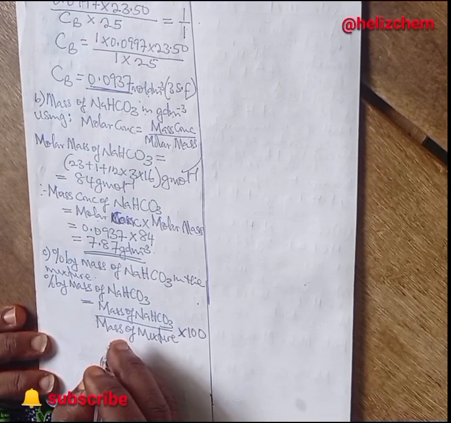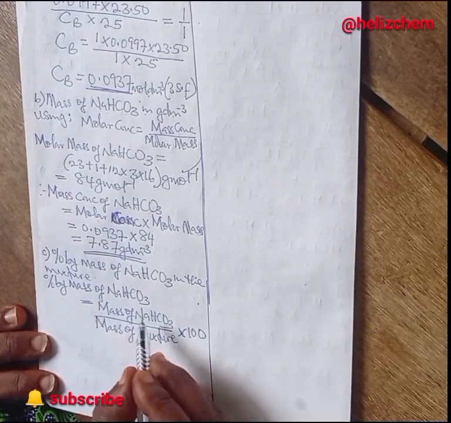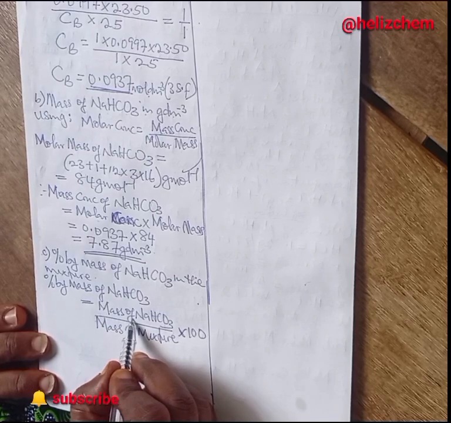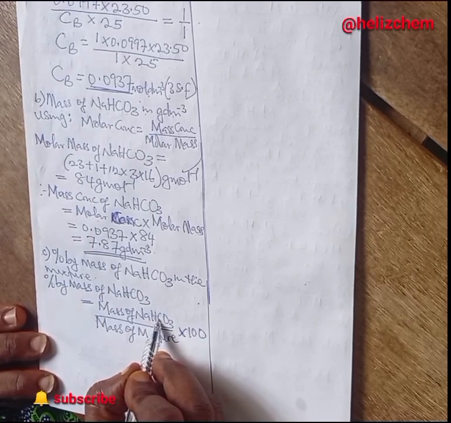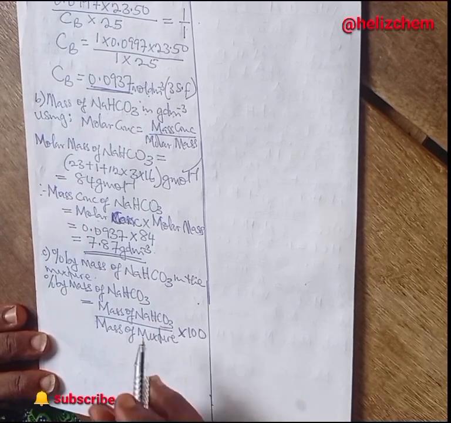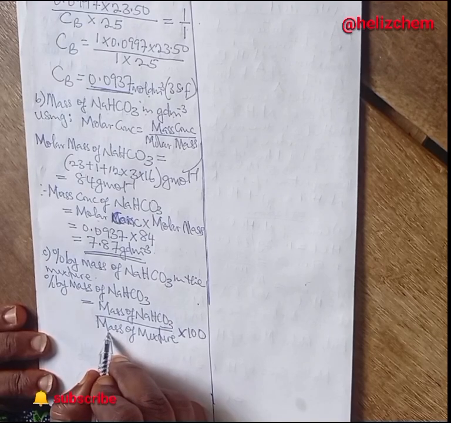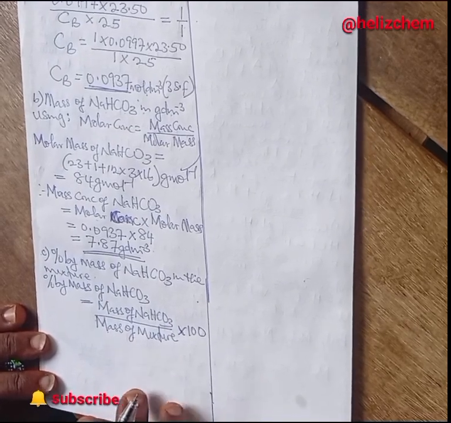Let's substitute our values. We know the mass of sodium hydrogen carbonate already calculated, but we have to find mass of mixture.